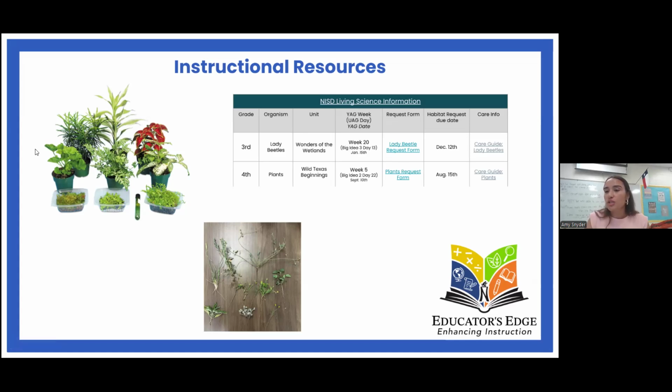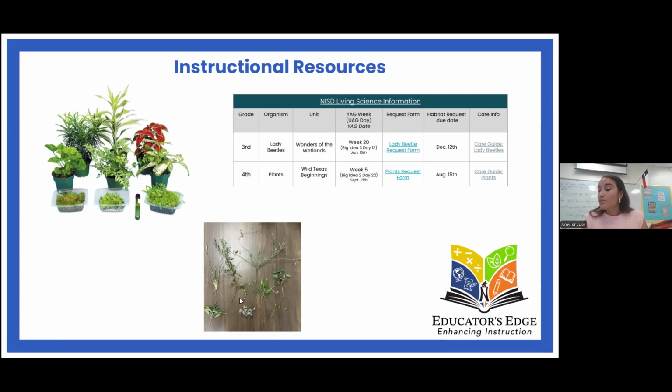This is a picture of an example of the different types of plants that you'll receive. It does vary on the specific species of plant, but you will get a variety with different structures found in different environments. And so we definitely want to get our kids to observe as many live plants as possible when we're carrying out this learning target.